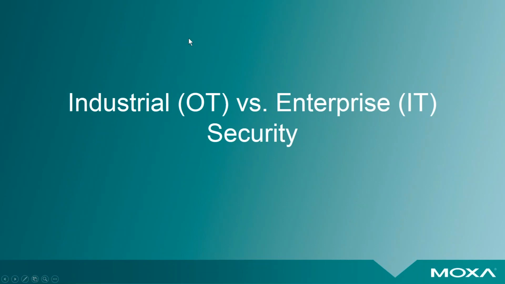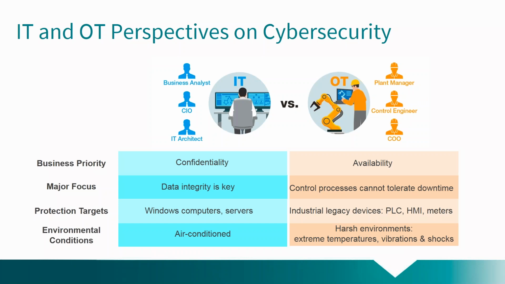From an IT perspective, typically the number one business priority is confidentiality of data, followed by data integrity. They're typically protecting Windows computers and servers, and that equipment resides in a fairly well temperature controlled, air conditioned room. Whereas on the OT side, as we mentioned earlier, the number one priority is availability, keeping the process running.